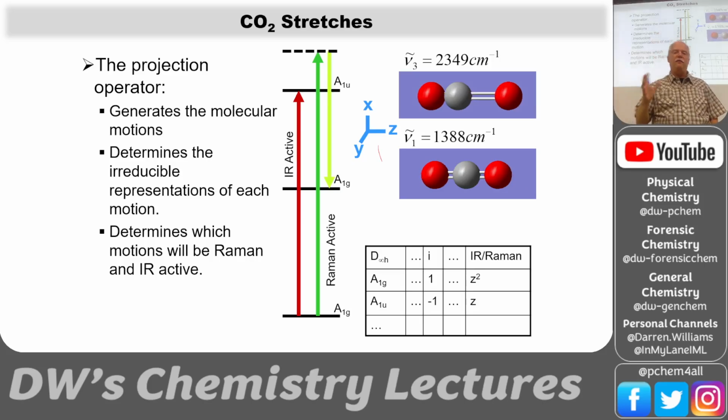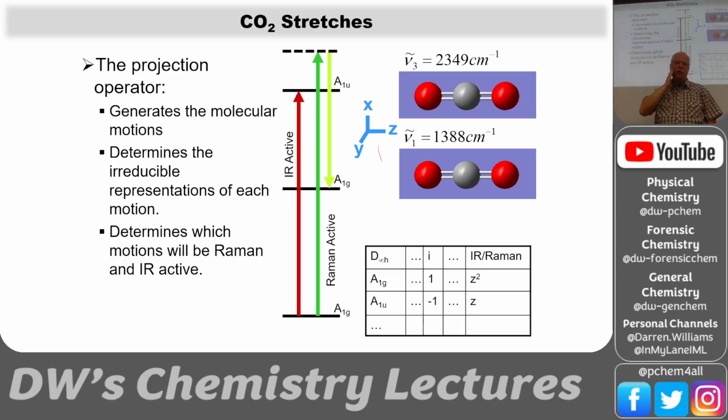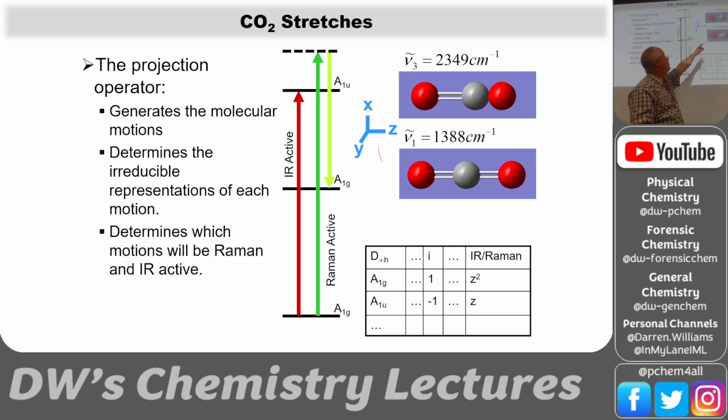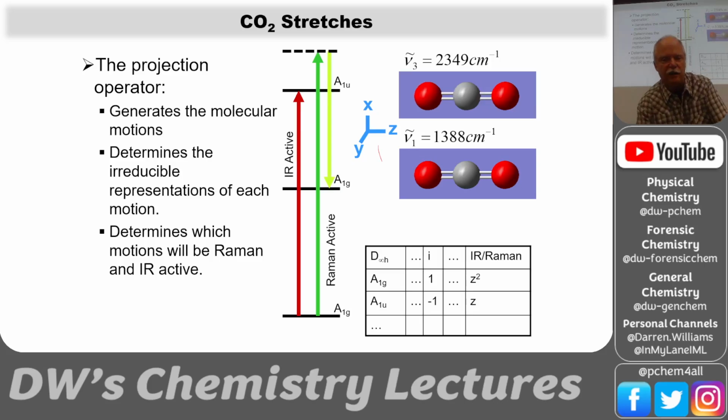So these are the fundamental transitions, the normal modes of vibration for the CO stretches. You have the symmetric stretch, the lower one, which is 1388, and that's Raman active. You see, that's the A1g. And I've put these lines kind of trying to do them to scale.